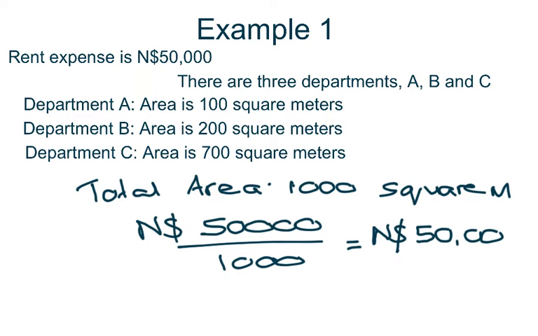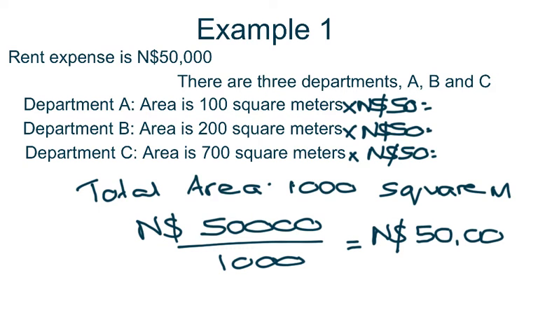So let's quickly do that. So that one will be times $50, and we will do the same with Department B, also multiply with $50, and then also the same for Department C, multiply with $50. And let's quickly do this calculation. So we have 100 times 50. So I will allocate 5,000 Namibian dollar to Department A. And for Department B, I will allocate 10,000 Namibian dollar.